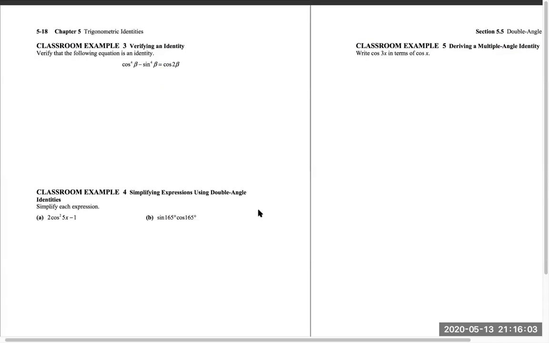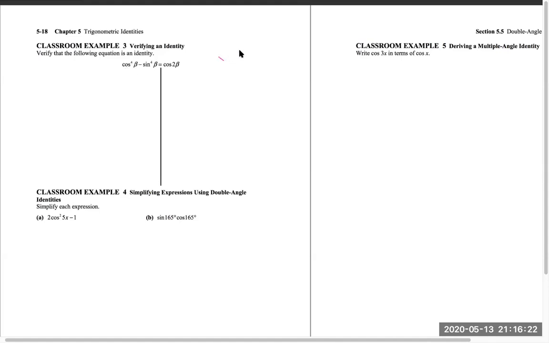Go ahead and draw a straight line down here. And we're trying to verify the following identity. It's cosine to the 4th beta.